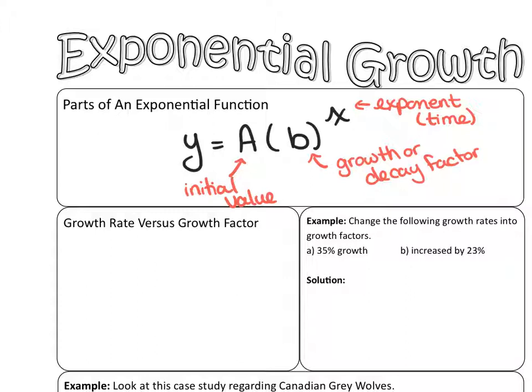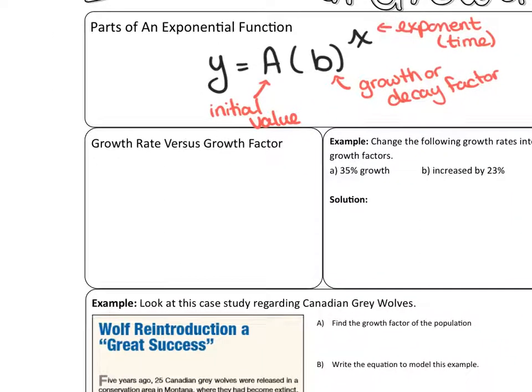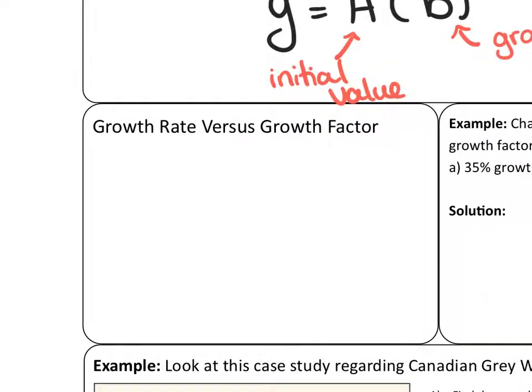Now, in order to do the question, usually the word problem will tell you what your initial value is, and sometimes it will tell you your growth factor, sometimes it will tell you your growth rate. If it tells you the growth rate, we're going to have to find our growth factor. So b is your growth factor.